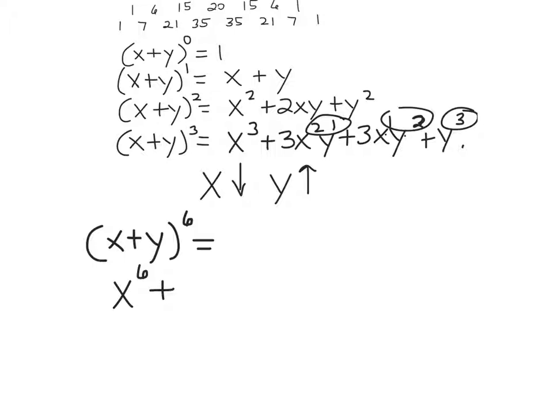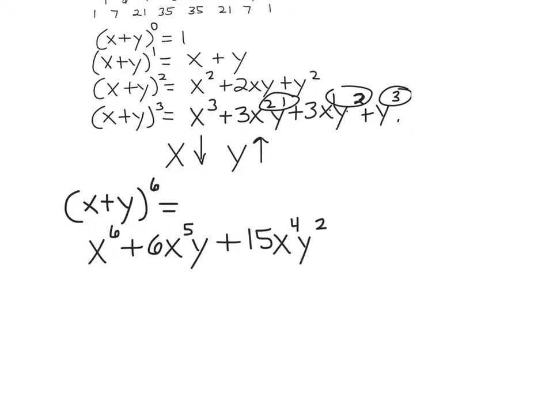plus, the coefficient is 6, and x's are going down while y's are going up. The next one is going to be, let's see, it's 1, 6, 15, x to the 4th, y squared. Take 1 off of x and give 1 to y.